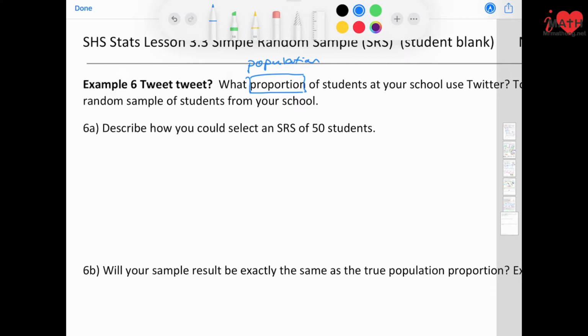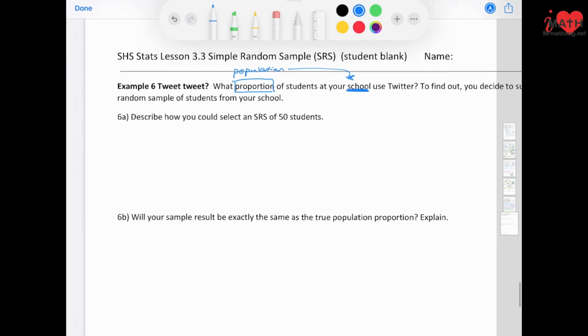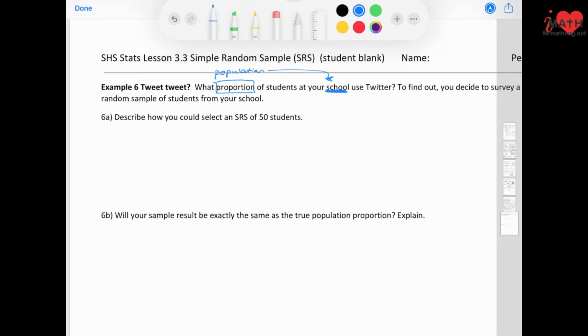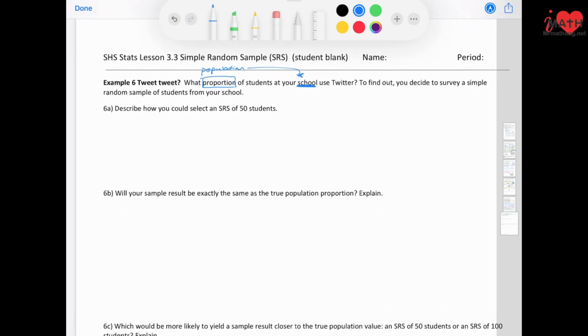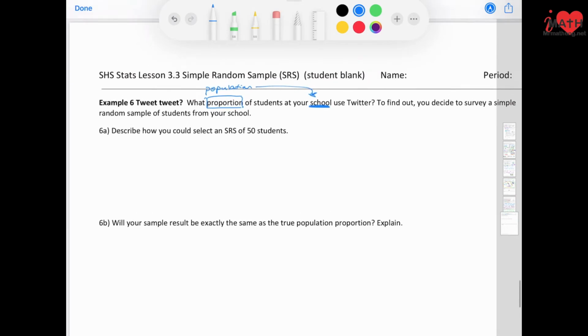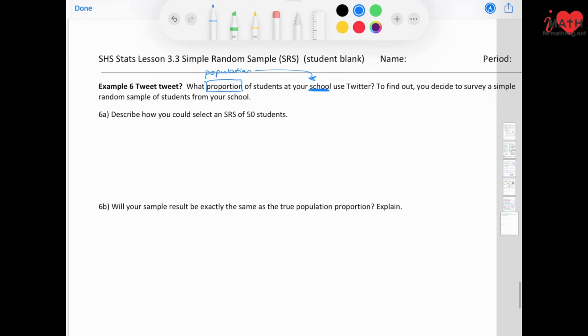So the whole school is like the population, and we're trying to infer something about the population. To find out, you decide to survey a simple random sample of students from your school. Describe how you would select a simple random sample of 50 students.